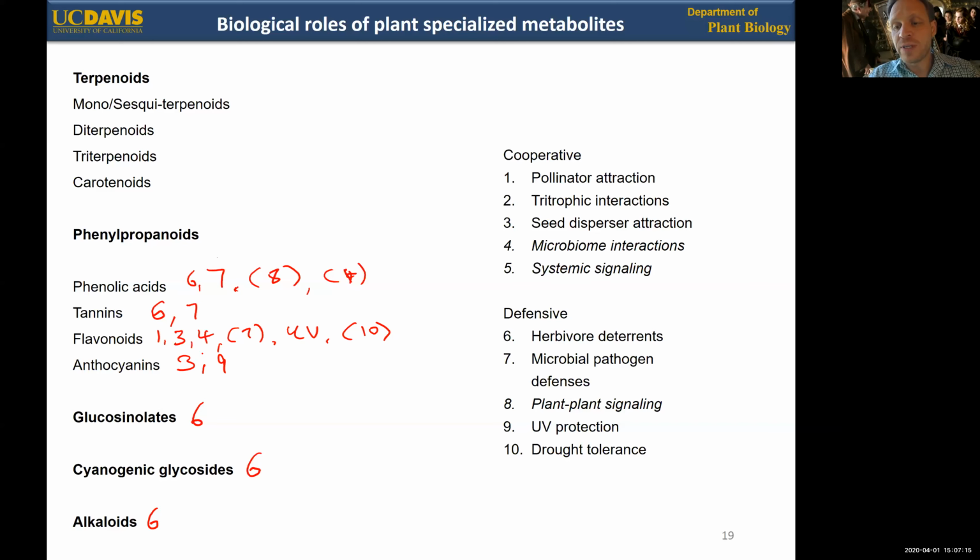And then to the terpenoids, even more diverse in structure, even more diverse in function and distribution. They cover almost everything, in part because of the large range of structural diversity, all the way from really small volatile compounds to large, complex, heavily functionalized non-volatile compounds.